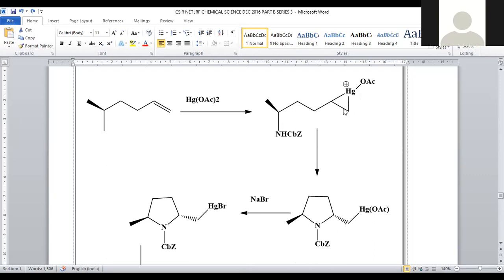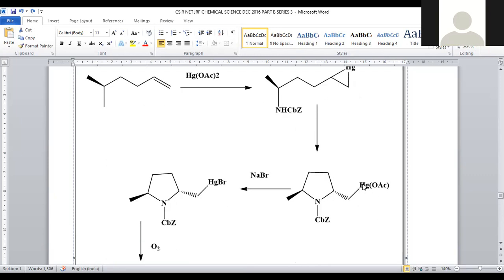When the methyl is towards the ring, obviously the remaining bulky group will go away from the ring, because stereochemically minimum repulsions are preferable. A dotted line bond is indicated here, so we will get the HgOAc group. Sorry, the mercury group will be going back.